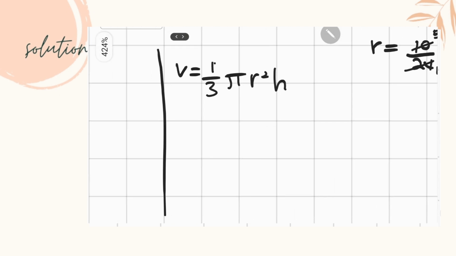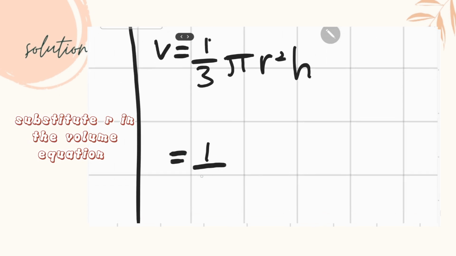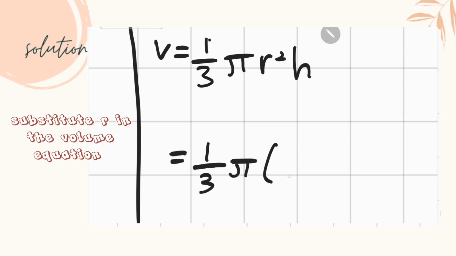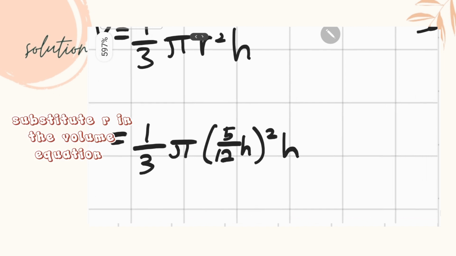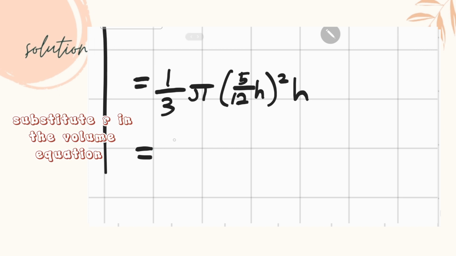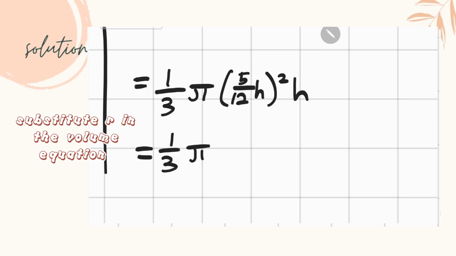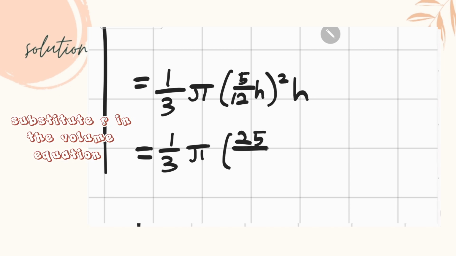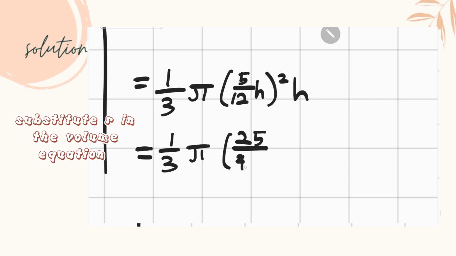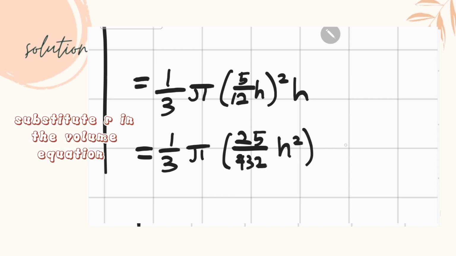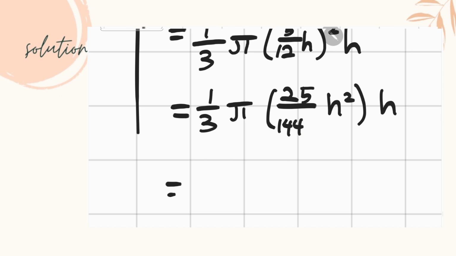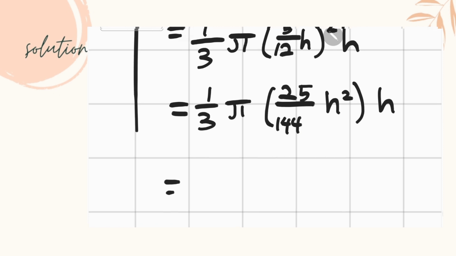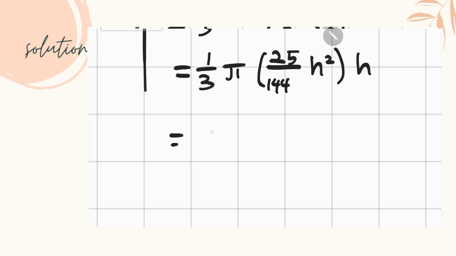After that, substitute the r in the volume of a cone equation. We will get 25 over 432 pi h cube.